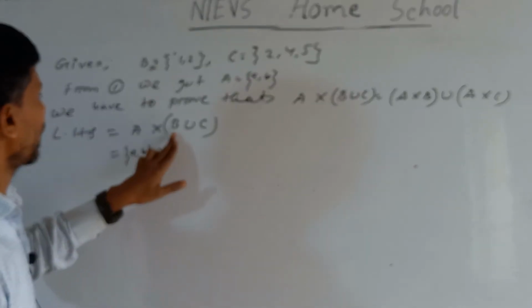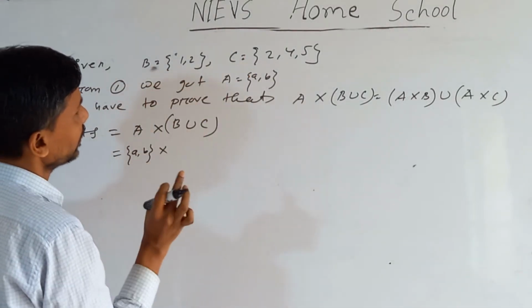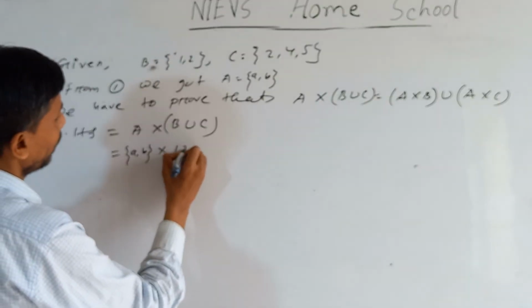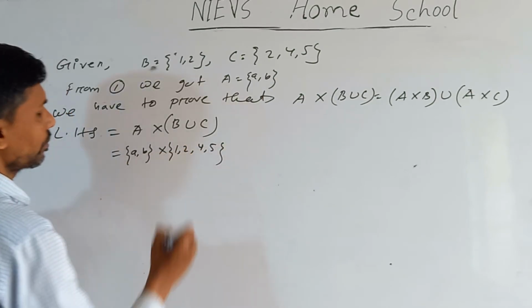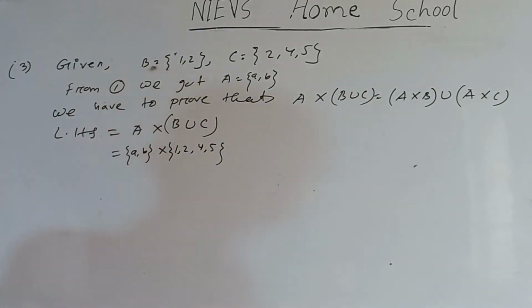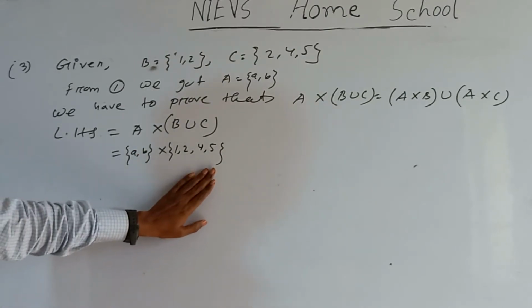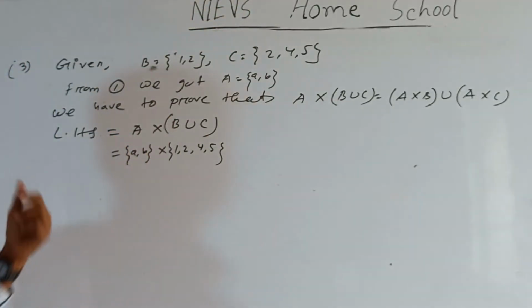For the set B it is {1, 2} and the C set is {2, 4, 5}. So take 1, then 2, then 4, then 5. That means B union C equals {1, 2, 4, 5}. You see here 2 and 2 come, so we take only one 2.